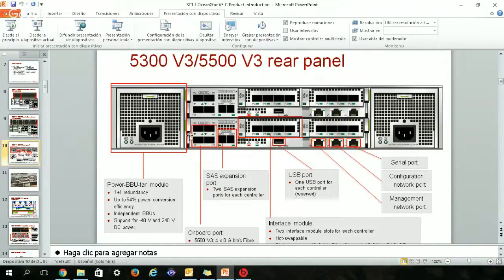Here we see 4 onboard ports. These are fiber channels, and they work at 8 gigabits per second. Here we've got 2 SAS expansion ports, and as the name refers, an expansion port is the port that I'm going to use in order to connect more units.